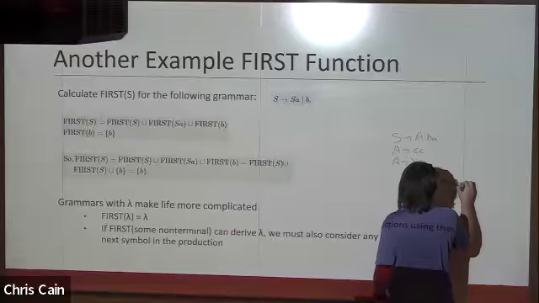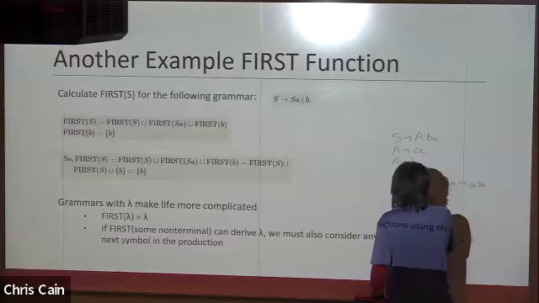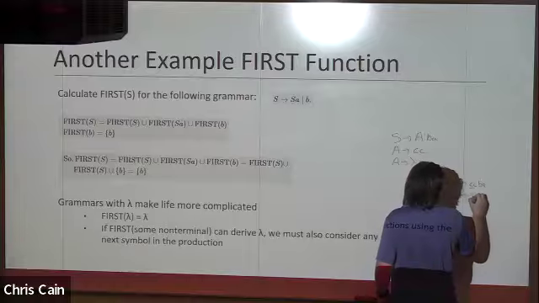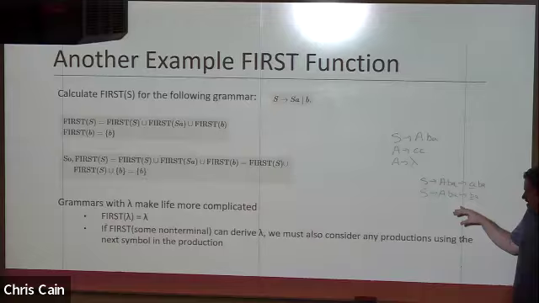If this A becomes a CC, we can generate the C, but if the A goes away, we can generate the B first. So the way we're programmatically going to define that is with this extra rule.